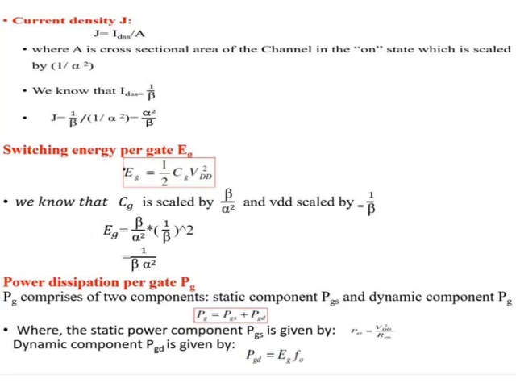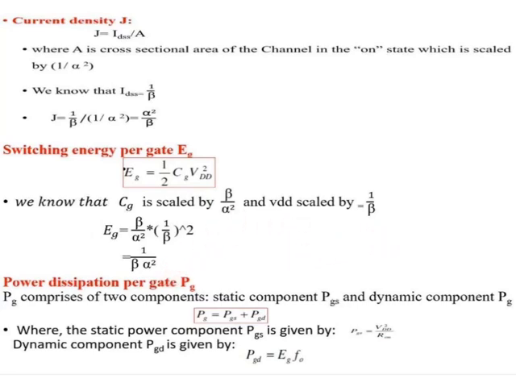Switching energy, next part, that is Eg equals half Cg into VDD square. We know that we have already derived Cg is scaled by beta by alpha square and VDD is scaled by 1 by beta. So the switching energy per gate is defined by 1 by beta alpha square.